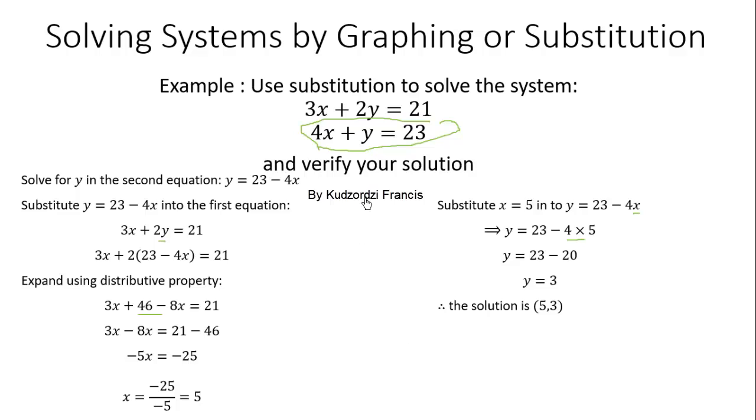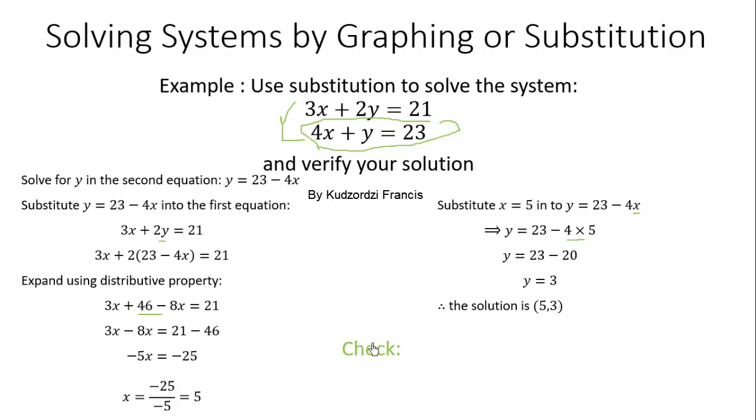Now, we need to verify to see if indeed the ordered pair 5, 3 is the solution to this system. So, what do we do? We check.